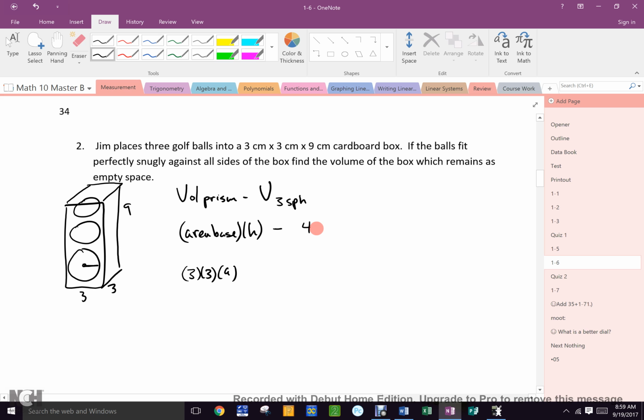4 pi r cubed over what? 3. And how many spheres do I have? 3 of them. What's going to happen to those 3s when they appear on the screen? Why?